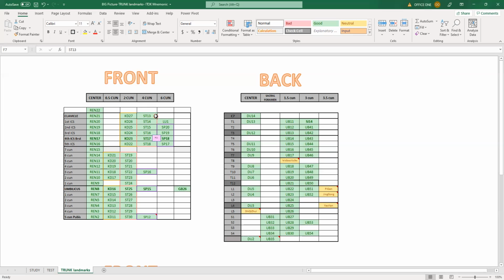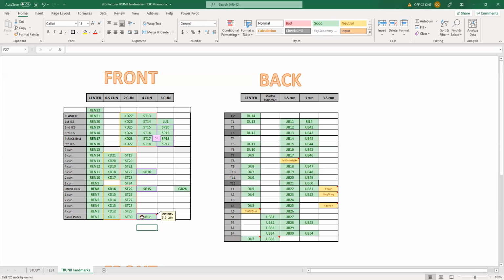Then at the clavicle, stomach 13, at the 4th intercostal space, the nipple line, that's stomach 17. We have then stomach 25 at the level of the umbilicus, and then stomach 30, which is the last point on the pubic line, I'm sorry, not the symphysis, the pubic line.